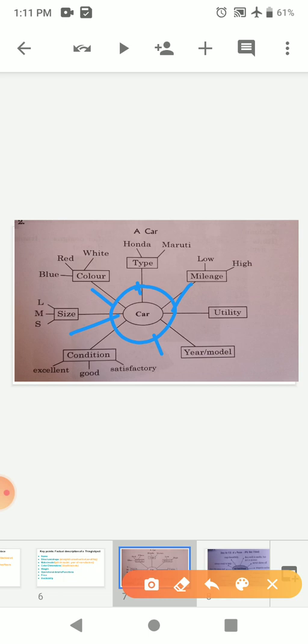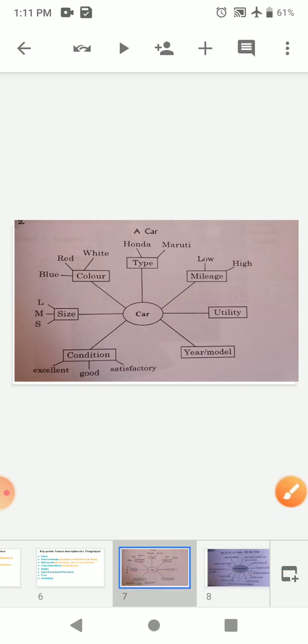And now you will look here and you will say, okay, what's the type, is it Honda or Maruti, what's its color, whether white, red or blue, what's its size and condition, and year, model, utility, mileage. So this flow chart is going to help you in writing this description.